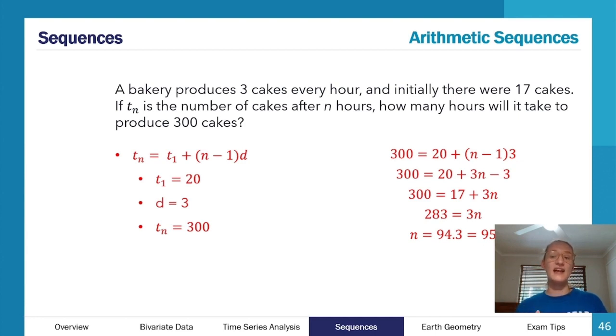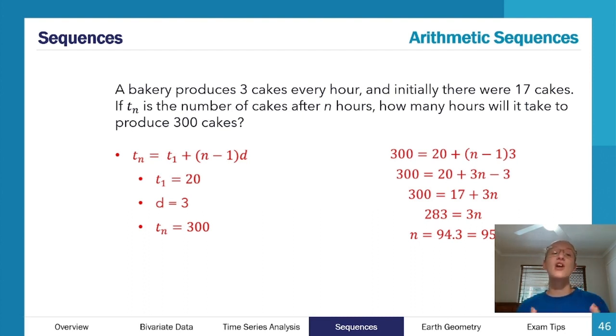So again, isolate n, get n by itself, which has given me n is equal to 94.3. And again, how many hours will it take to produce 300 cakes? That needs to be a whole number because it wants to know how many hours. Remember, n has to be a whole number. It can't really be a decimal.